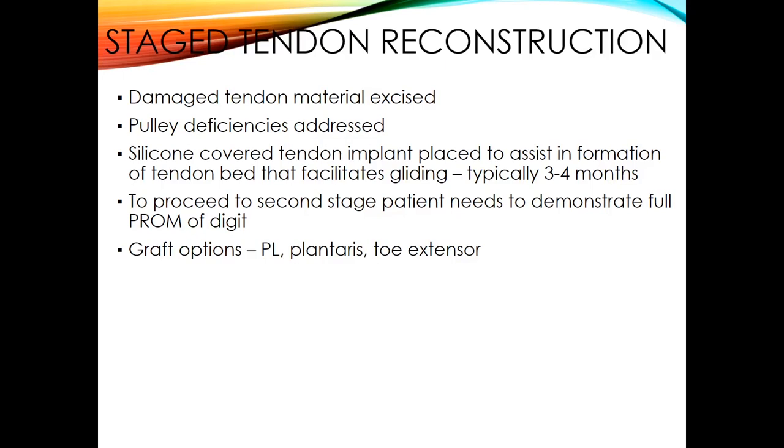So when you're doing two-stage reconstructions, you're only reconstructing the FDP. So you'll tie either to remnant FDP or suture anchor into the distal phalanx, run your tendon graft, pull it through your pseudo sheath, and then attach it to the proximal tendon stump. And it's really important to tension these correctly so you don't create either a quadriga effect or a flexor lag.